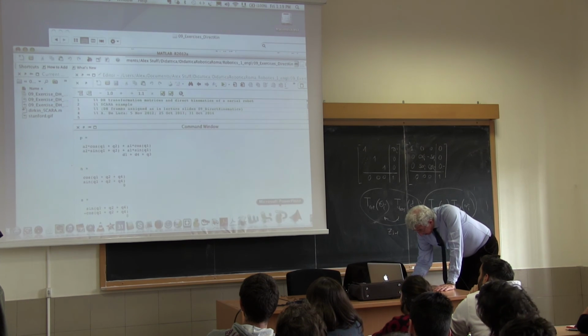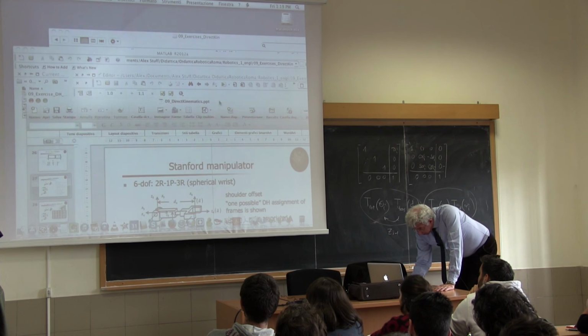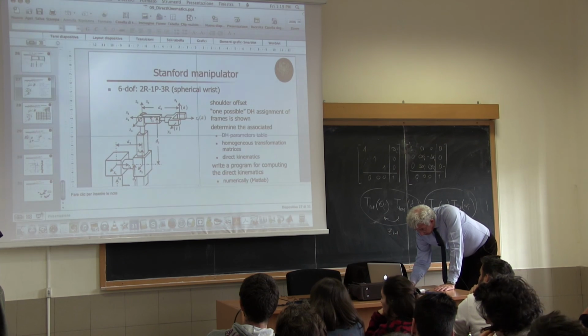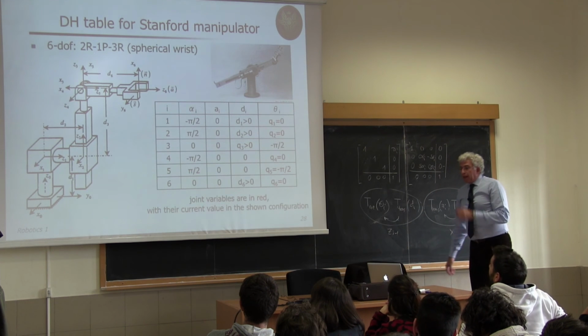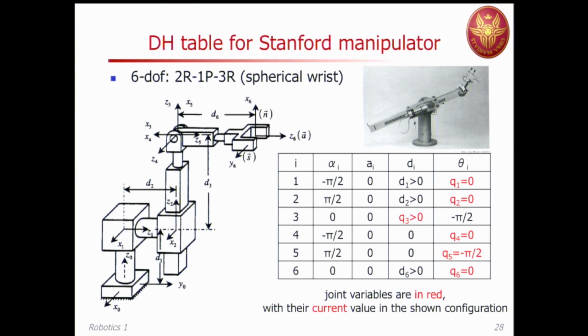And if we go back to this one, this is the solution of what I was asking. This is again the same picture as before, and here you find the table built from this frame. Again, I stress this fact: they go together.